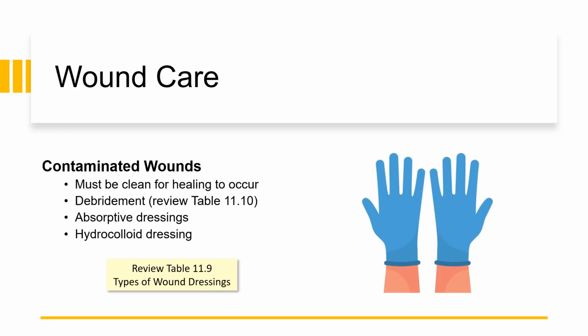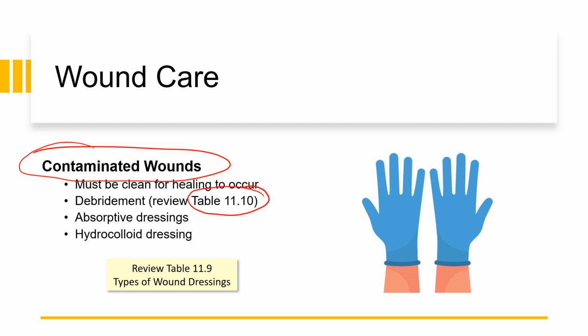All right, contaminated wounds. When we say contaminated, we are talking about debris, necrotic material, infection. So again, these must be considered, quote, clean before healing can occur. They will probably need some type of debridement. Review table 11.10 on the different types of debridement.